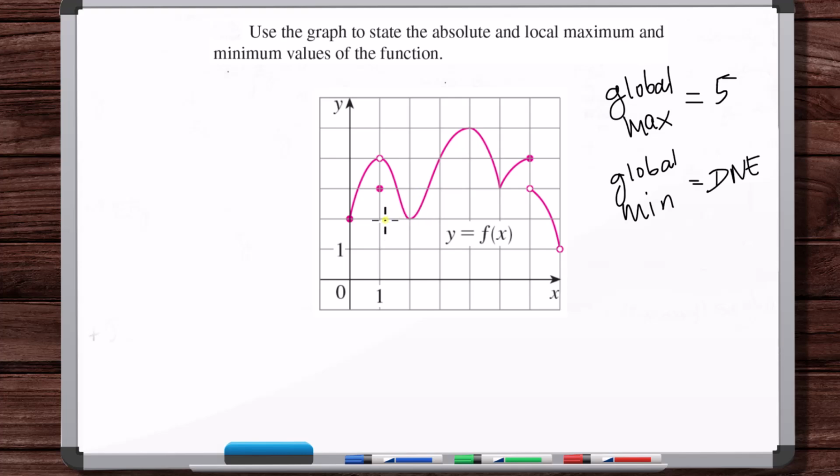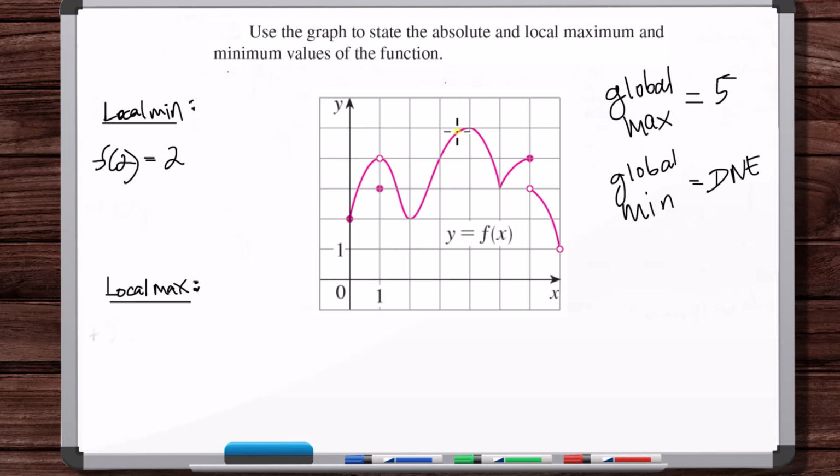Now, local mins and maxes. Let's start with the easy ones. This is a local min, right? So local min and local max. Local min at f of 2 is equal to 2, right?